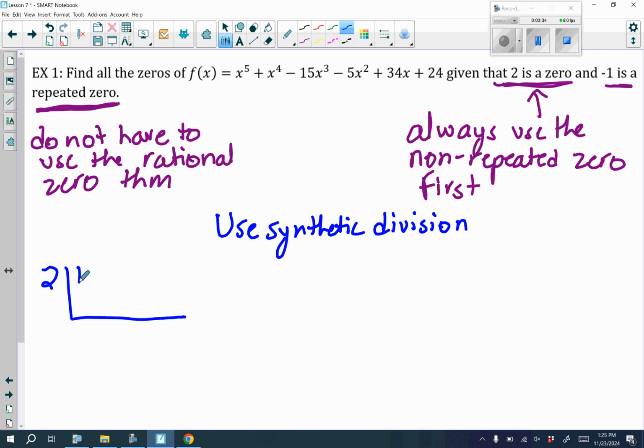So I have 1, and then make sure we have an x to the 4th term, which we do, which is another 1. Our next term should be x cubed, which we do have, so -15. Our next term should be an x squared, which we do, which is -5. Then we should have an x term, and then there you go, constant. Remember, if you are missing any terms here, make sure you use 0 as a placeholder.